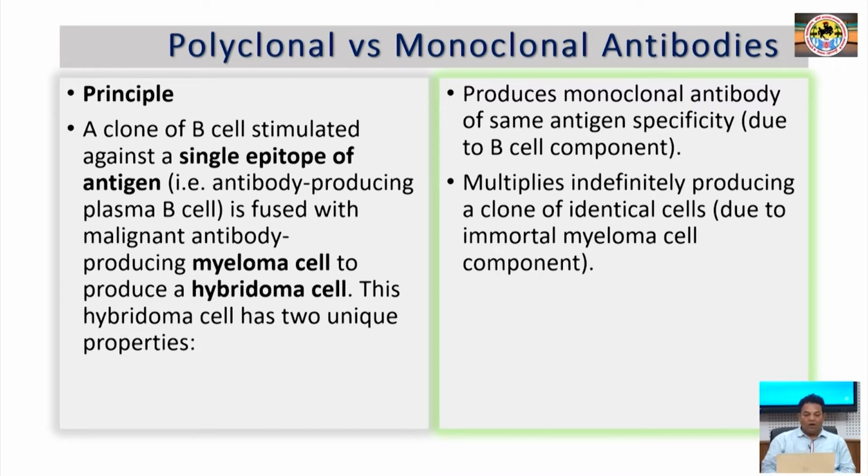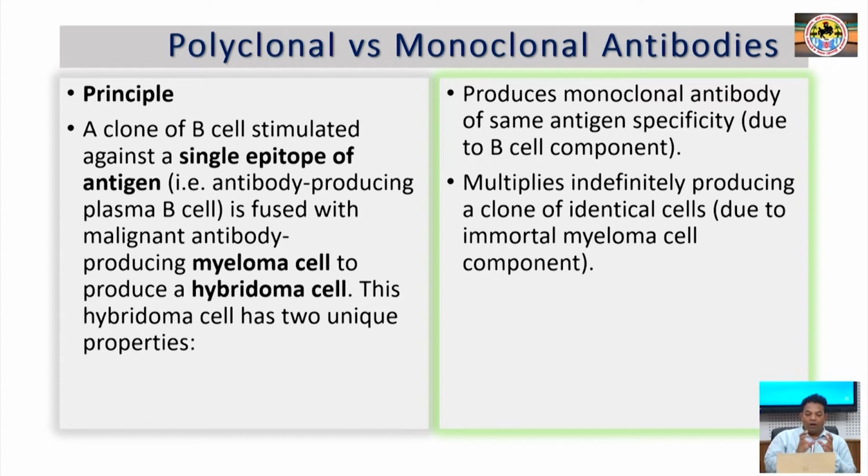So, a clone of B cell stimulated against a single epitope antigen, that is, an antigen producing plasma B cell, is fused with a malignant antibody producing myeloma cell to produce a hybridoma cell. So, this is the basic of this principle, that one we need a B cell and one we need a myeloma cell. These two are very important.